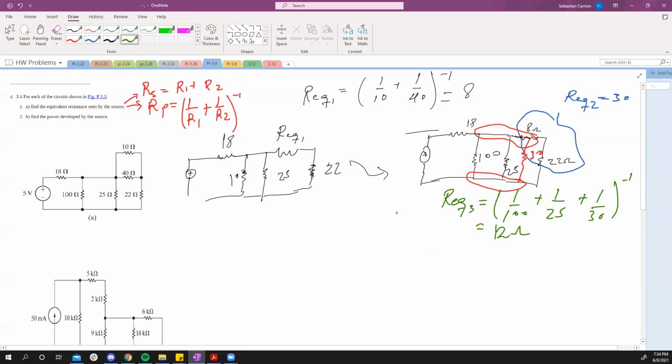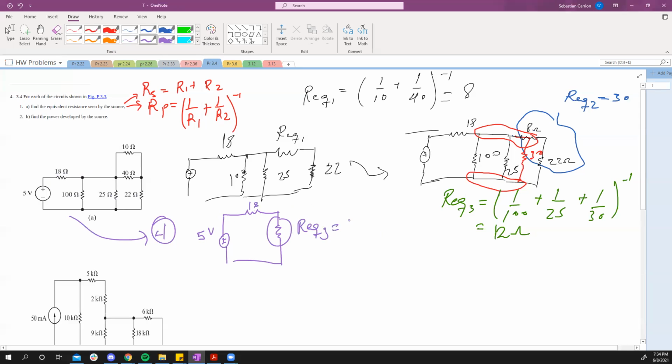I'm going to write the next one in a different color, purple. So now we are left with a simple circuit like this. We have 5 volts, this 18 ohm resistor, and now our equivalent resistance 3, which is 12.